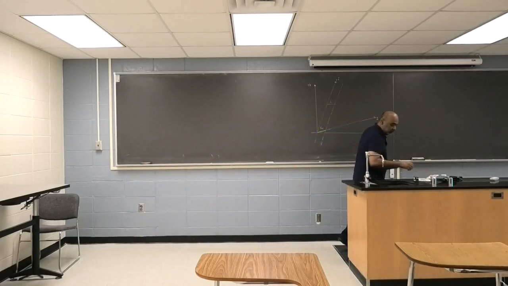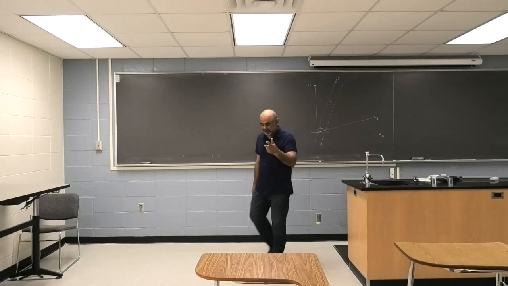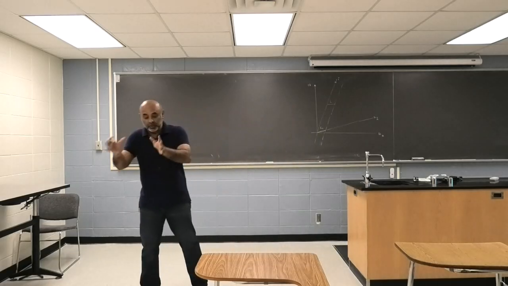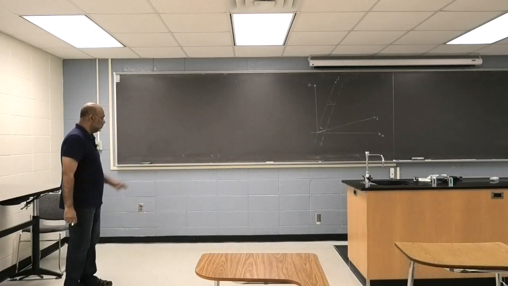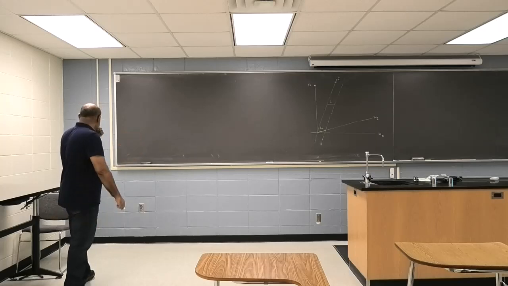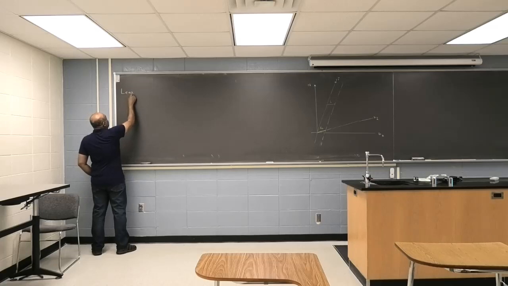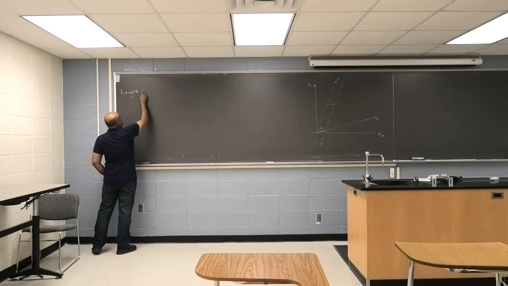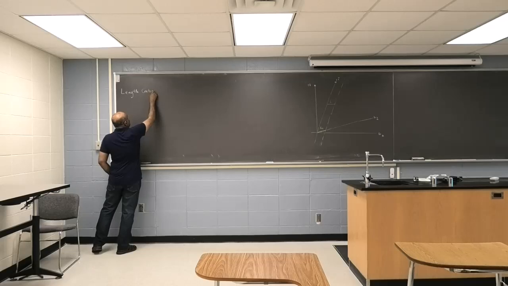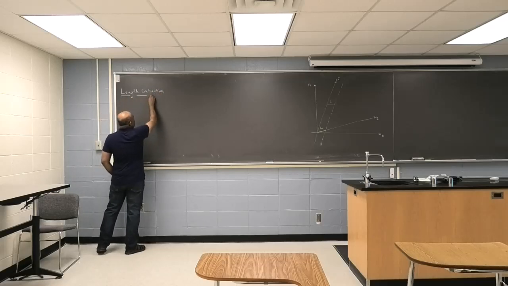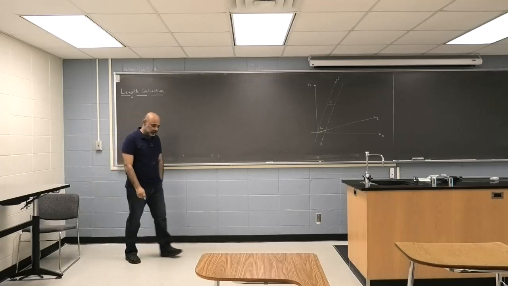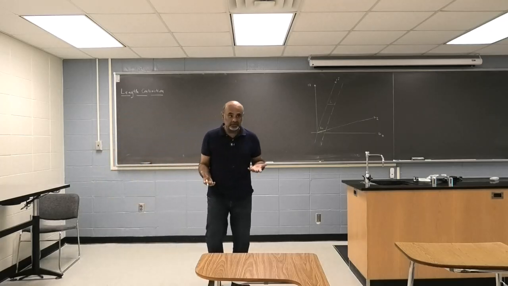So I wanted to cover this in the second lecture, but I had some technical difficulties, and I didn't want to move this topic to the next lecture, so I'm just adding this on as an edit. What I want to discuss today is length contraction. Again, this must be a topic that you're familiar with if you're studying modern physics.